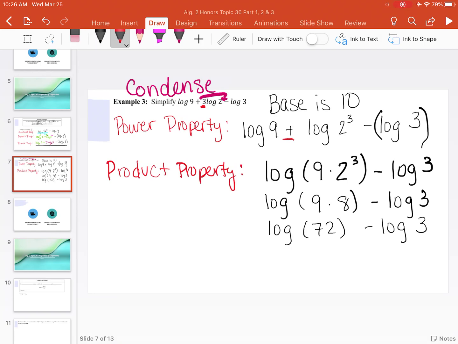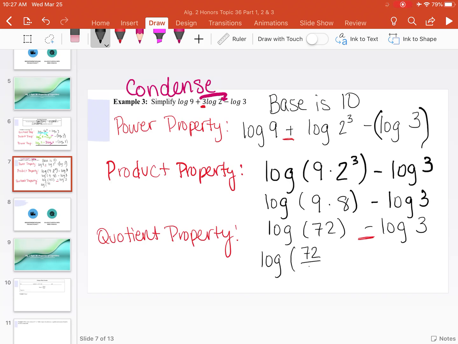Now we can use the quotient property because we notice that there's subtraction here, so we're going to use division. We can rewrite this as log of 72 divided by 3.